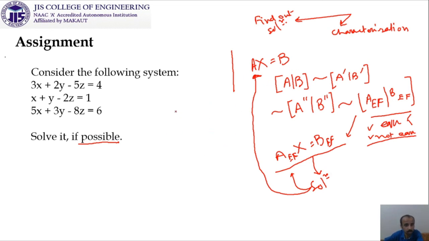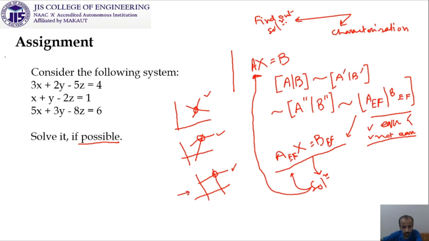If you recall the class on consistency and inconsistency, keeping this same, all are equivalent, because these positions are the same, that means the same set of solutions. So you started with this system, then converted into this system, then into this system, no issue. If it is the solution of this system and they are equivalent, then you can claim it is the solution of the original system also. So I think it is clear.